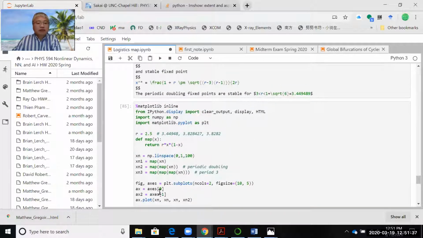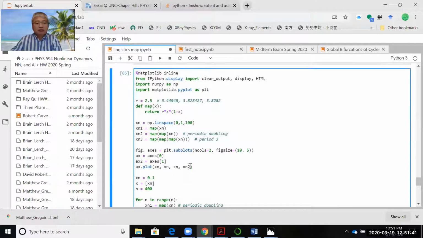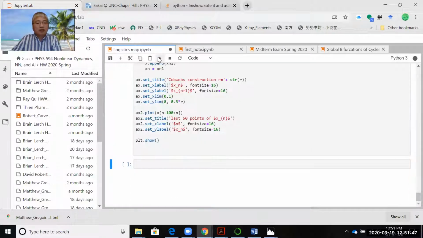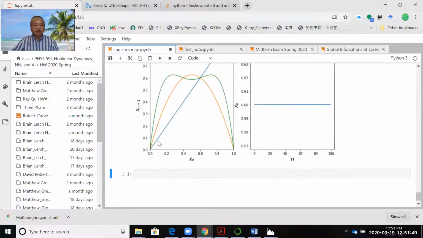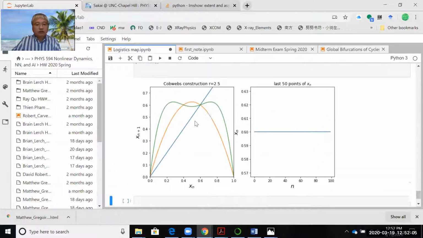Let me put xn1. Okay, here you go. So the orange is the original map, right? And the green is the map squared, or f squared. So you can see for r equal to 2.5, there are just these two fixed points, right?